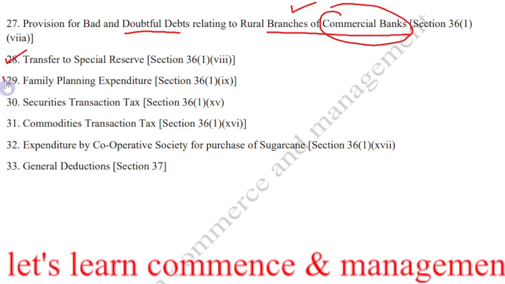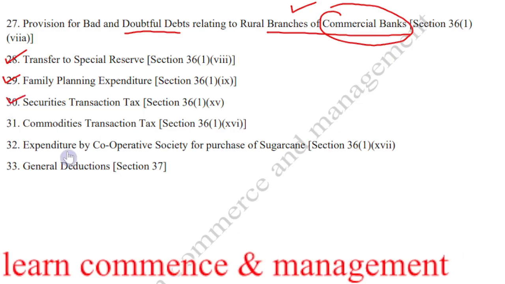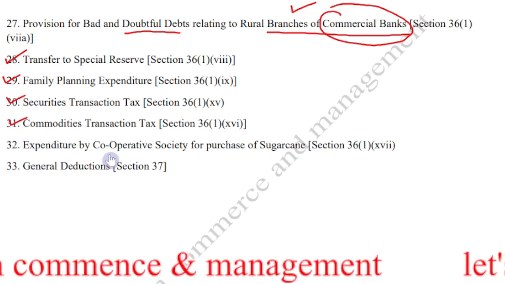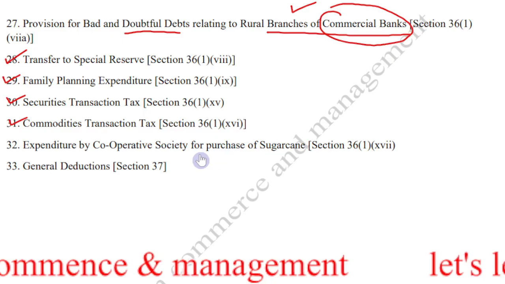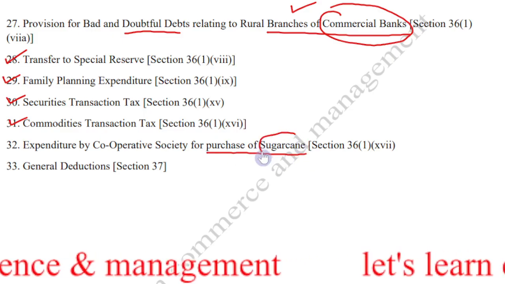Then family planning expenditure, securities transaction tax, commodities transaction tax, and expenditure by cooperative society for purchase of sugar cane.